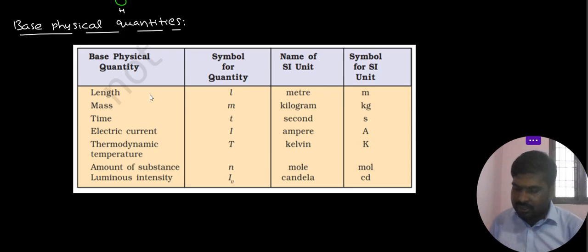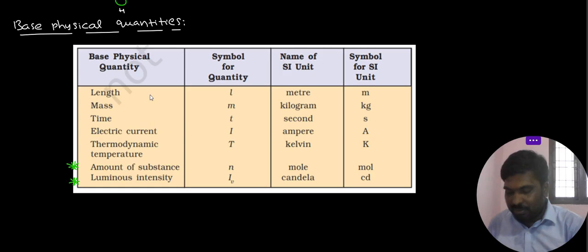Their SI units: meter, kilogram, second, ampere, kelvin, mole, and candela. The SI unit of amount of substance is the mole.